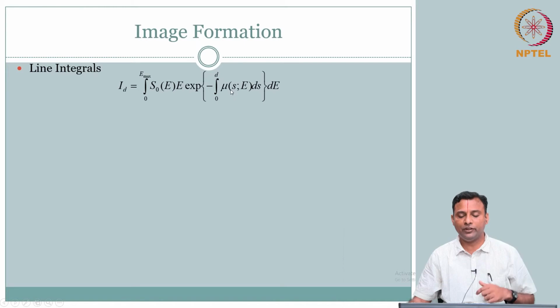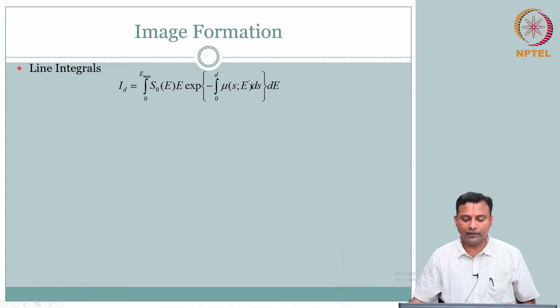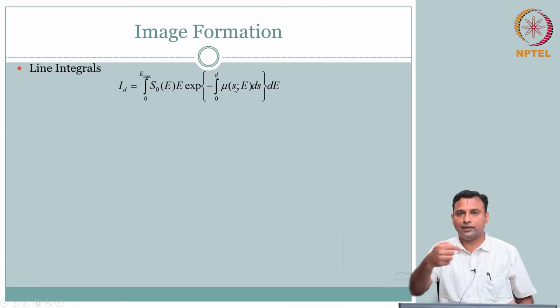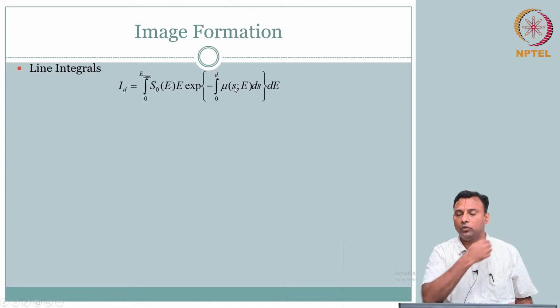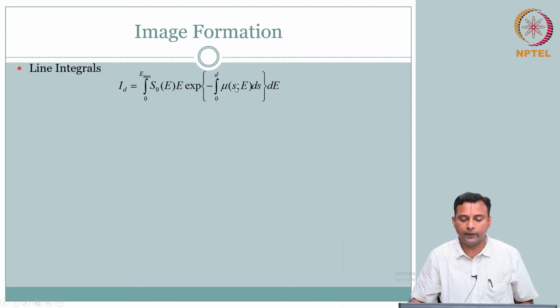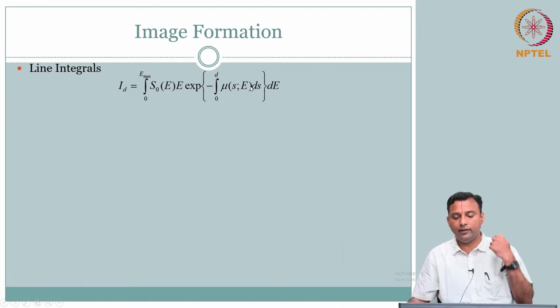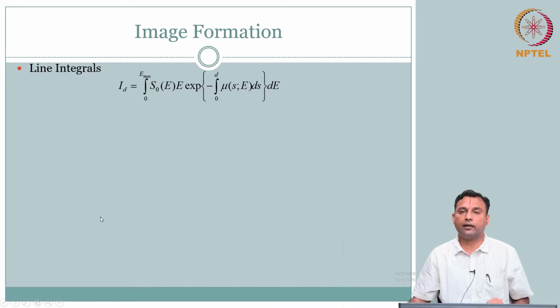We used X or R in our previous variables, but S is just that same line through, just a variable to denote that. So your mu is a function of the position along the line and energy. So this is the detector, this is what we know from before.